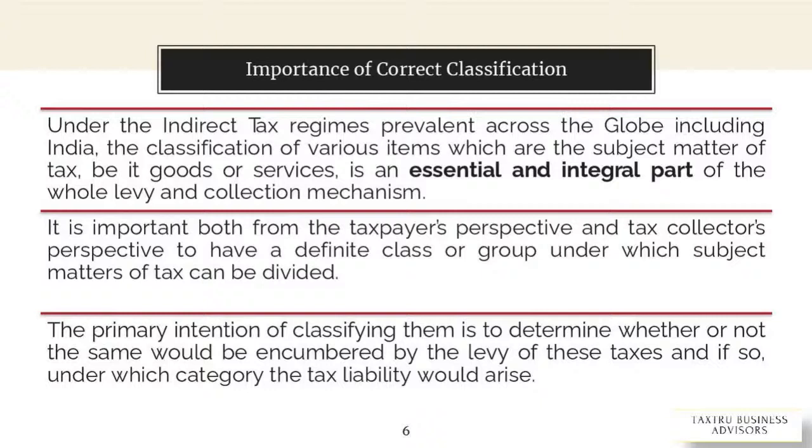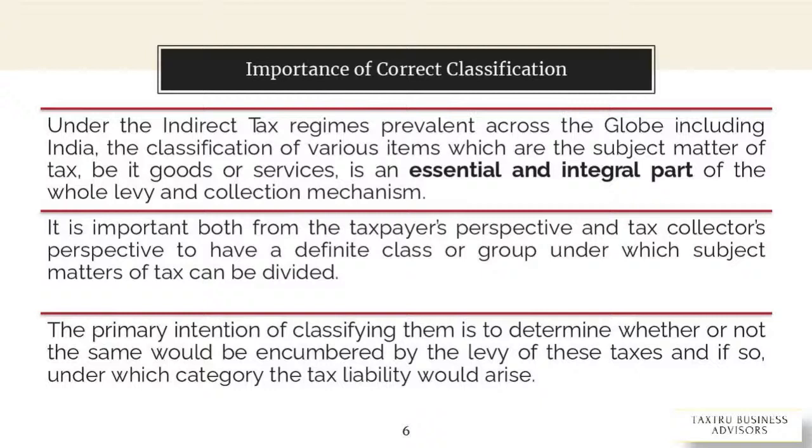That is, how and at what rate a product will be charged. Now, it's very important from the taxpayer's perspective and the tax collector's perspective as well to have a definite class or group under which subject matters can be divided. Now, why was classification needed?